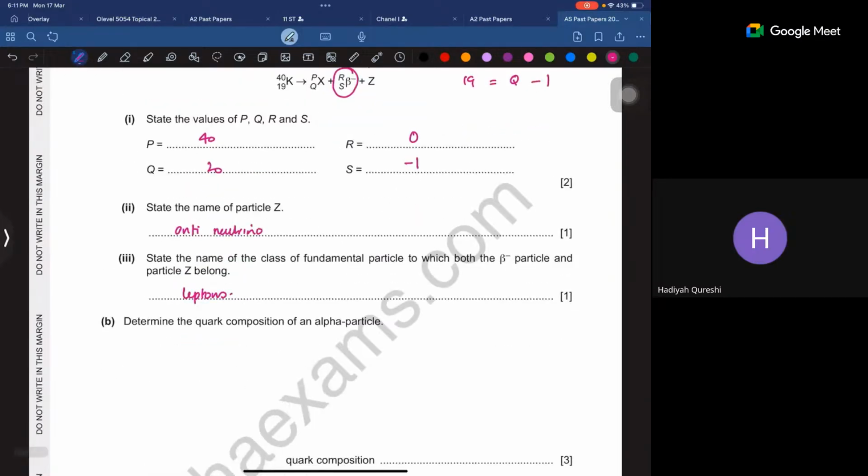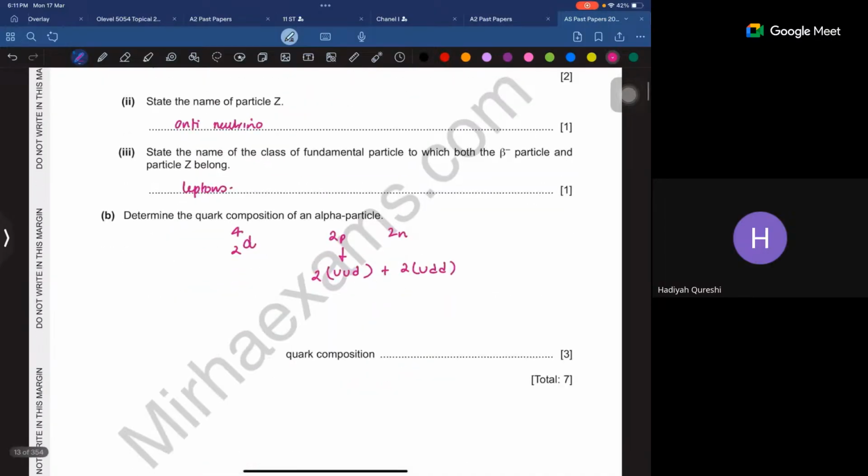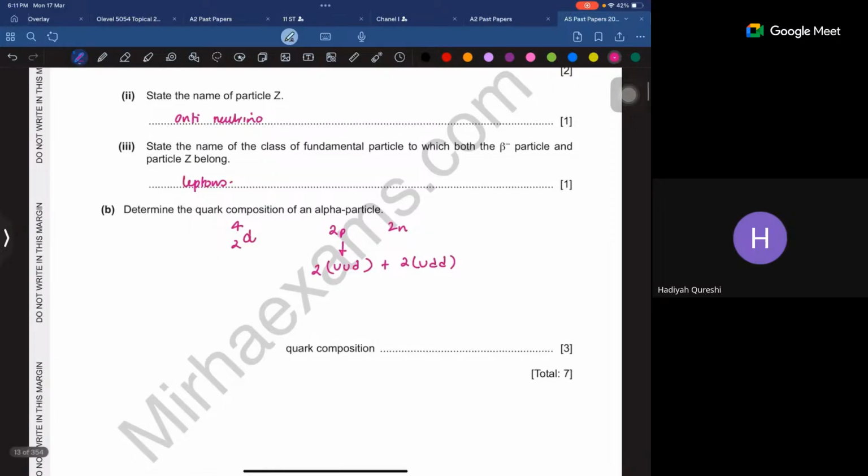Alpha particle is 4 and 2. So it has 2 protons and 2 neutrons. A proton essentially is just up, up and down, multiplied by 2, plus 2 neutrons, which are up, down, down. So what would be the composition then?